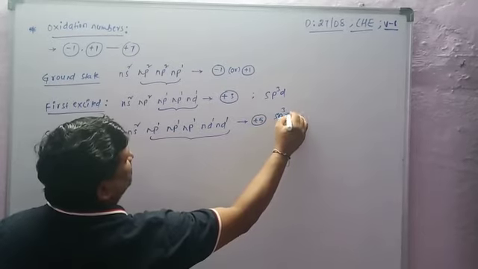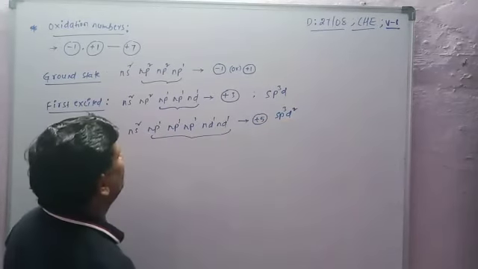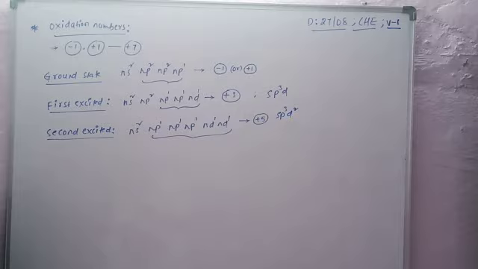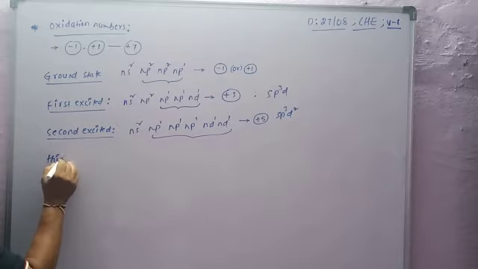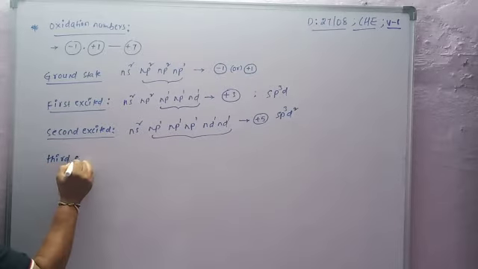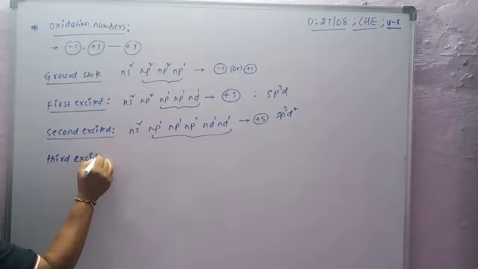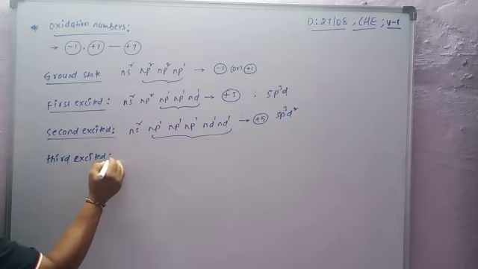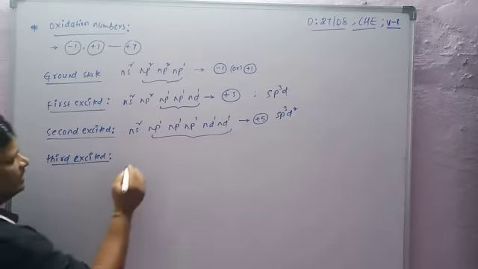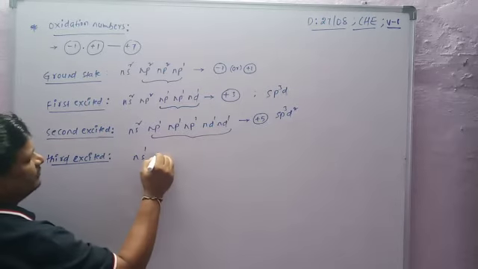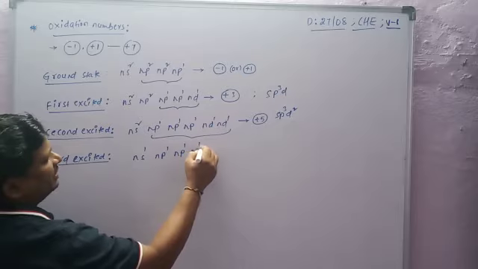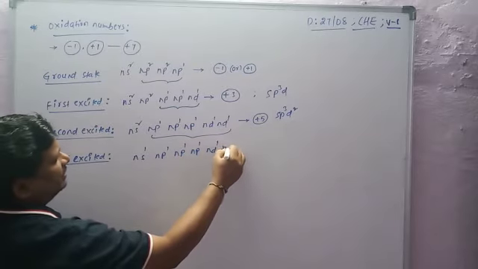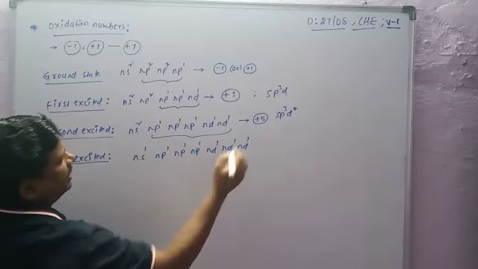Hybridization is sp3d2. Now the third excited state: ns1 np1 np1 np1 nd1 nd1 nd1.